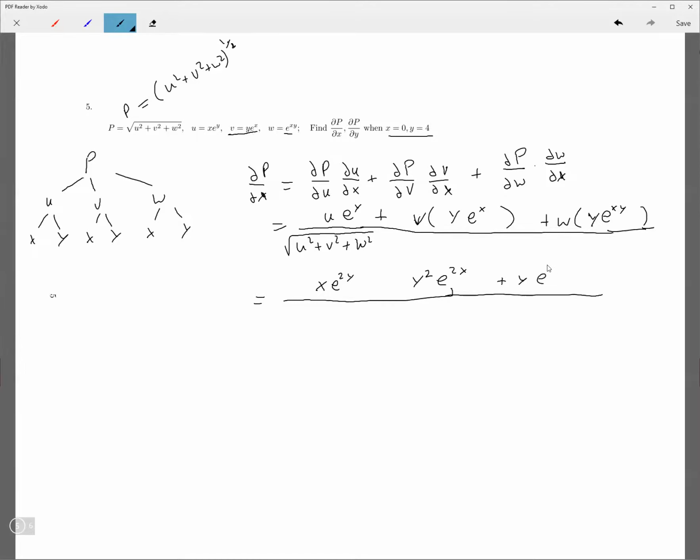Then down here we have u squared, which is x squared e to the 2y, plus this one, y squared e to the 2x, plus this one squared, which is e to the 2xy.